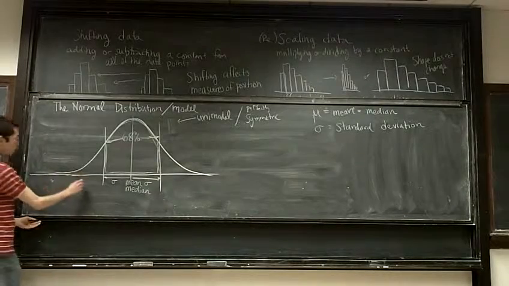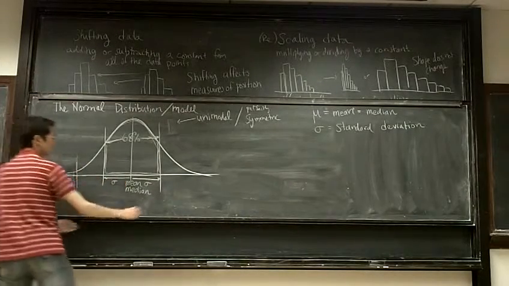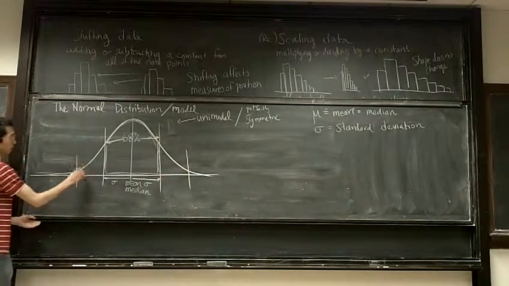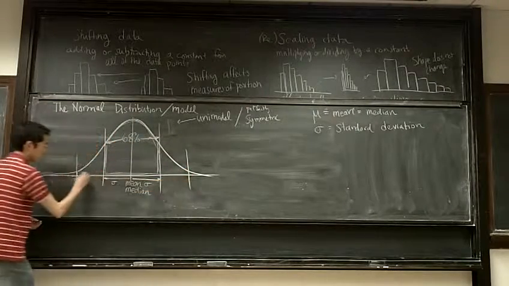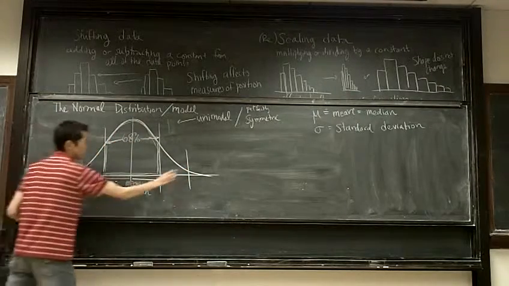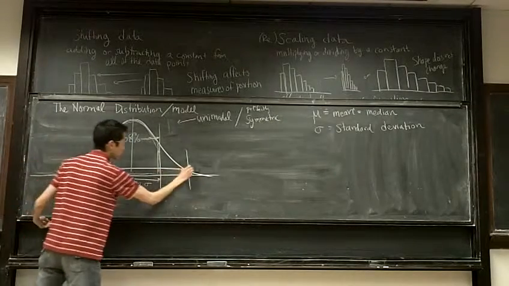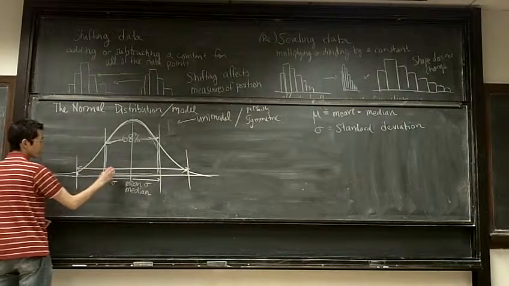If we go out two standard deviations, two standard deviations above, two standard deviations below, now within this bell, all the way across from here to here, we contain about 95% of the data.